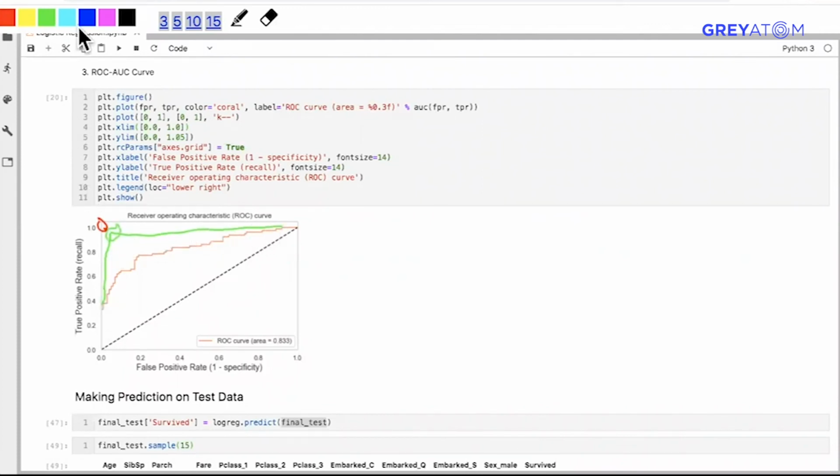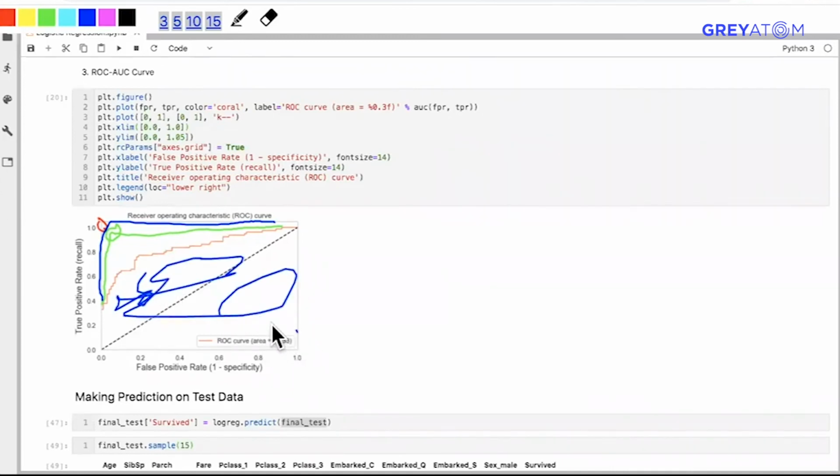And if it would have been somewhere here, I would have been jumping off my bed right now. So we are using all the variables, no feature engineering. Still, it's a pretty decent model that we have here. So we have made the performance metrics, seen how our ROC is doing, how our AUC is doing, everything.